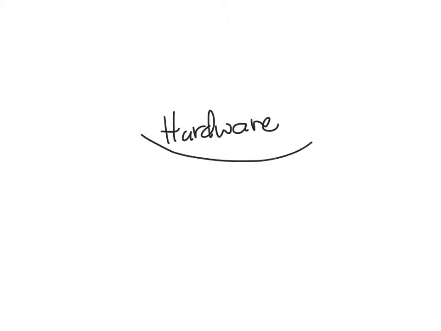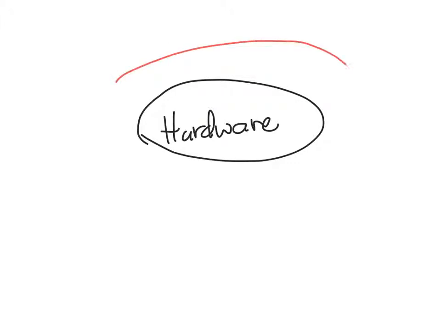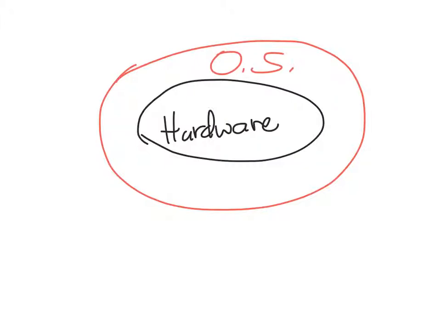Okay? So, to review, we have software. If we were to think of this diagram, let me give you a little diagram here to finish up. You have hardware, all the equipment of the computer. What typically communicates with the hardware is the operating system. Okay, you've got to have an operating system.